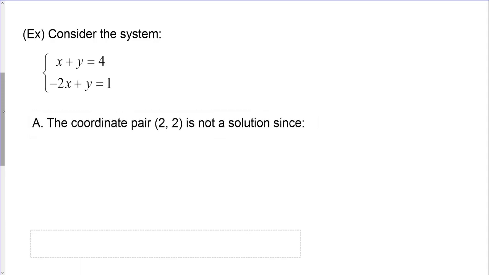The coordinate pair (2, 2) is not a solution, since if I plug (2, 2) into both equations, it doesn't satisfy both simultaneously. In the first equation, x plus y equals 4, plugging in the point (2, 2), I have 2 plus 2 equals 4, which works out.